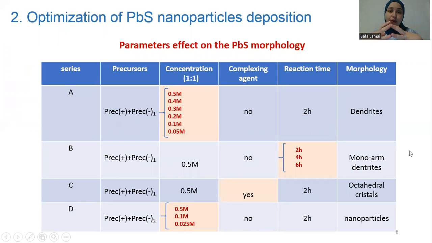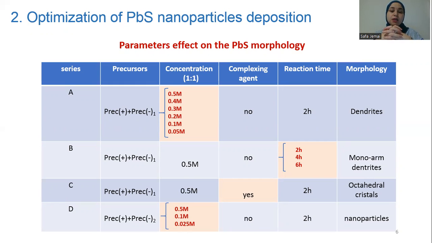To study the effect of different synthesis parameters on the properties of PbS, four experimental series were carried out. In series A, we varied the concentration from 0.5 molar to 0.05 molar, and the shape was dendrites. In series B, we increased the reaction time from 2 hours to 6 hours, and the resulting shape was single-arm dendrites.